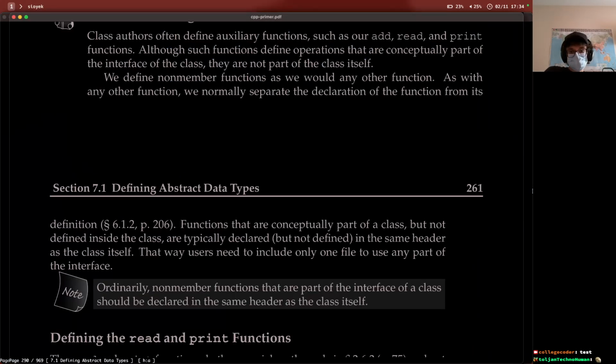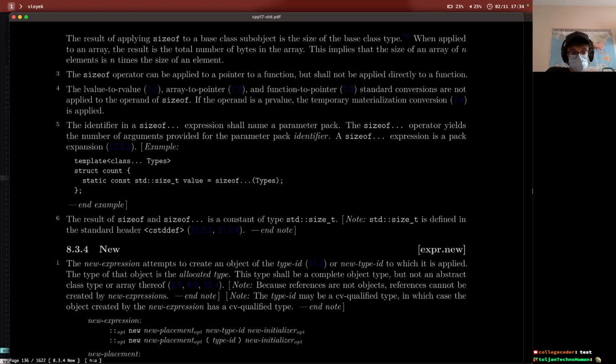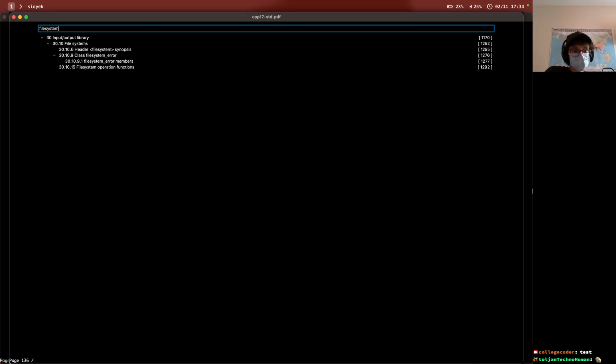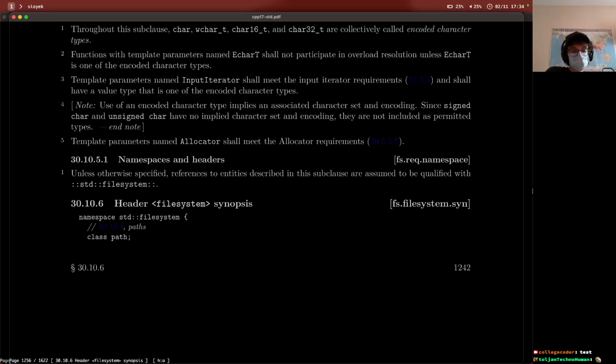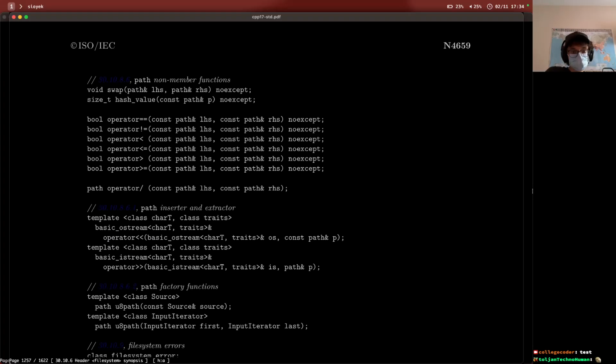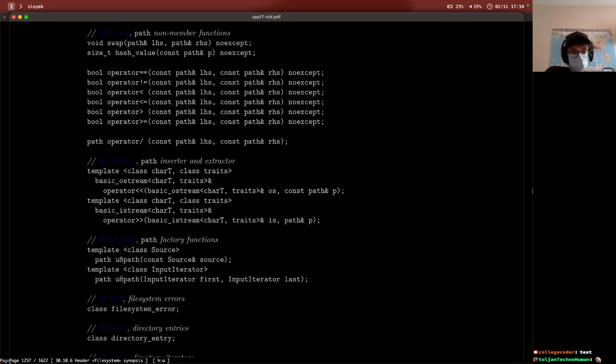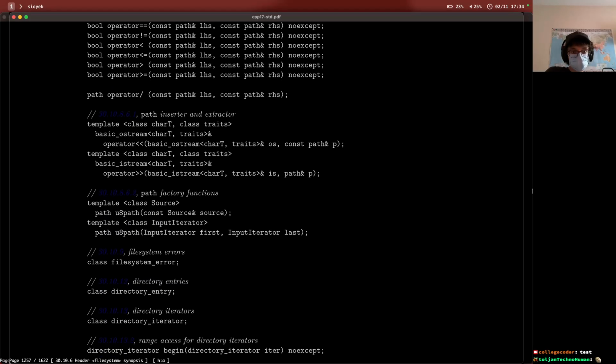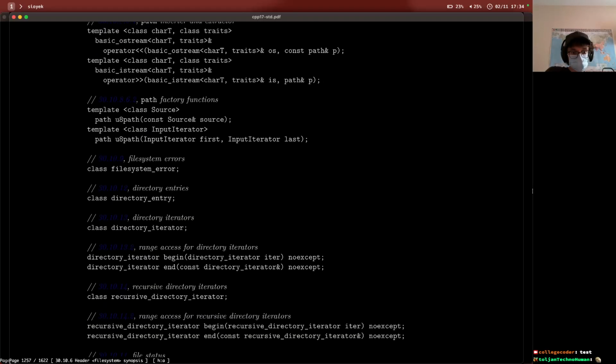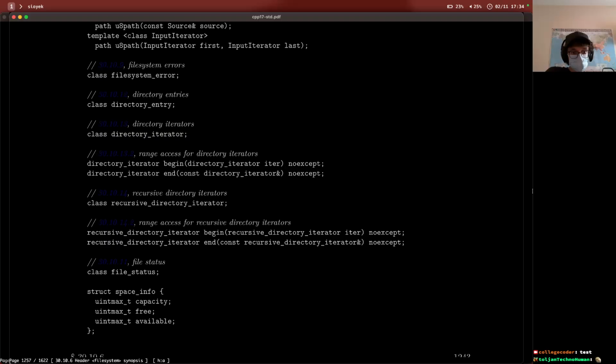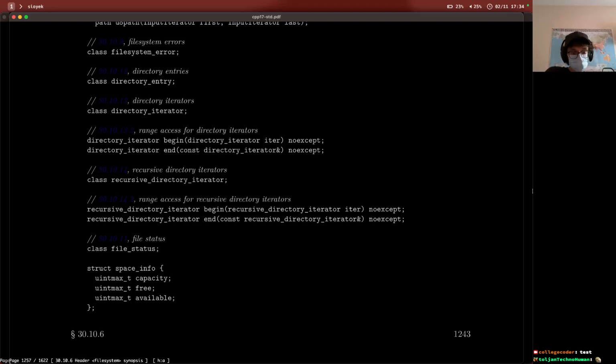Let me check out the standard. So file system, header file system synopsis. Where's the operator? Not that one. Output stream, input stream, path, file system error, directory entry, iterator, begin, end, class recursive directory iterator.